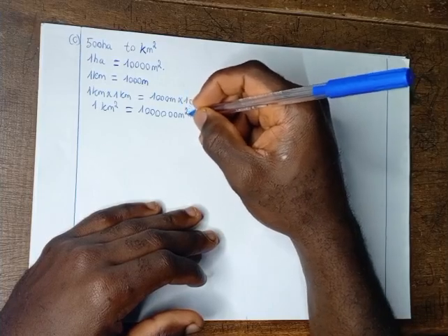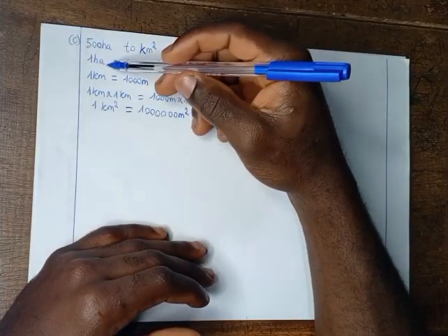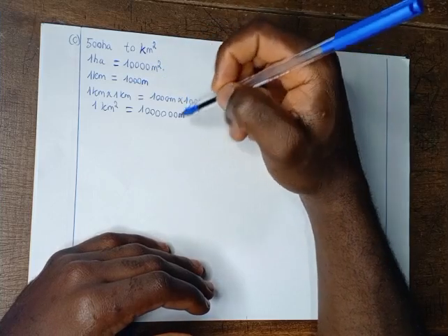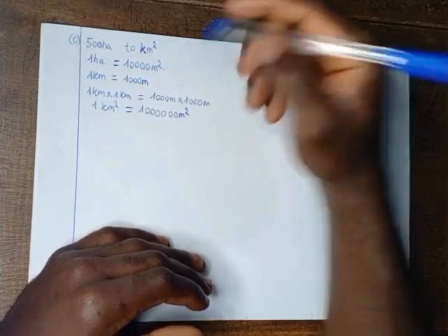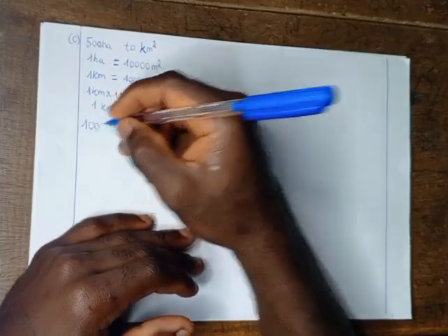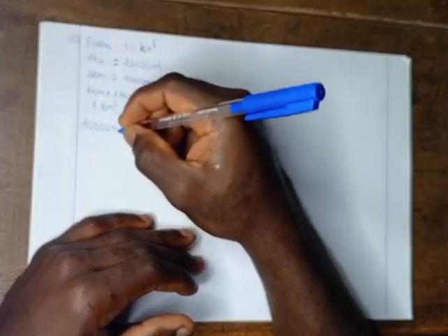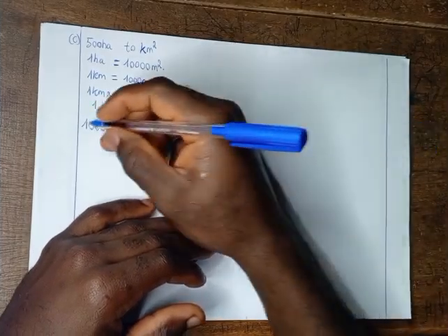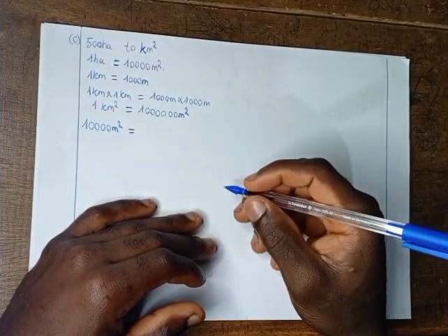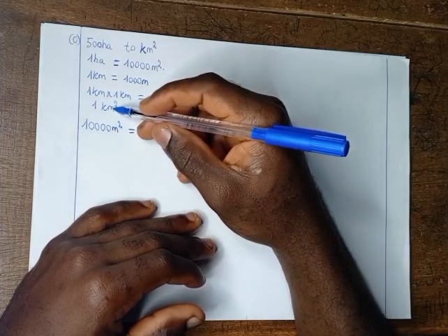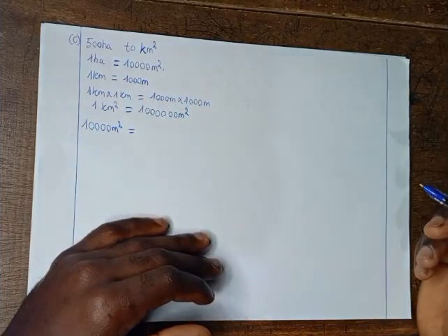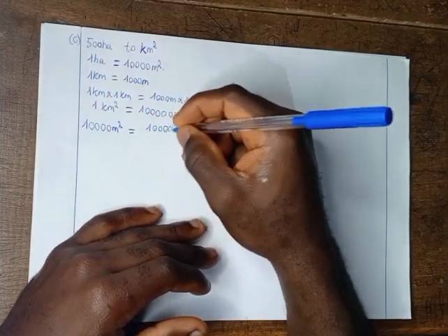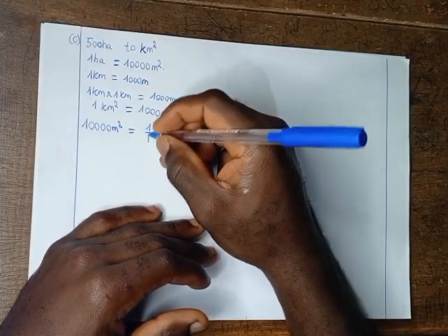meters squared. We need to start by converting 1 hectare, which is equal to 10,000 meters squared, to kilometers squared. For us to convert 10,000 meters squared to kilometers squared, we are simply going to divide, because if you compare meter squared and kilometer squared, kilometer squared is a higher unit. So we are going to divide this 10,000 by 1 million.